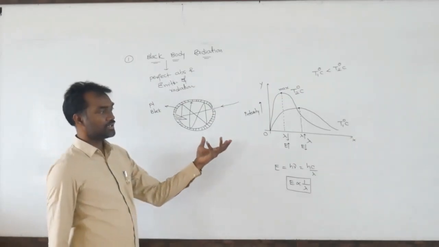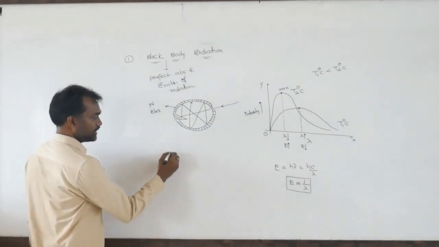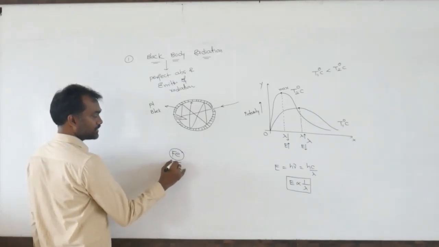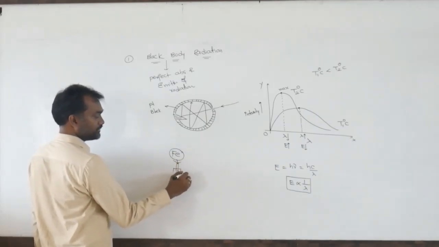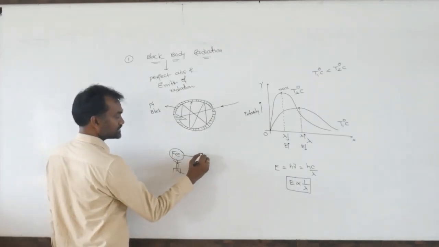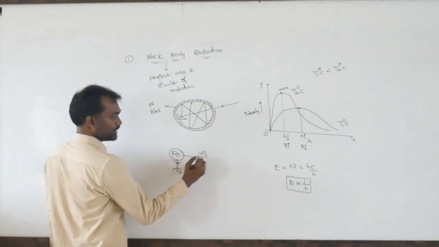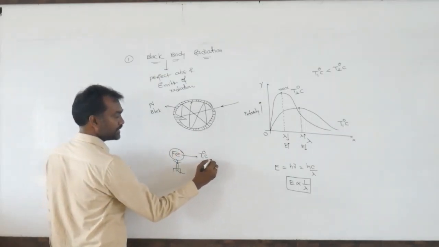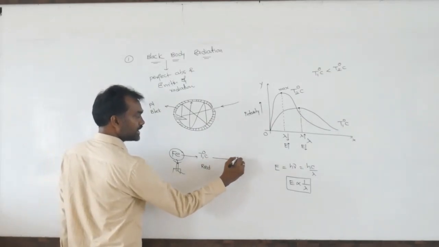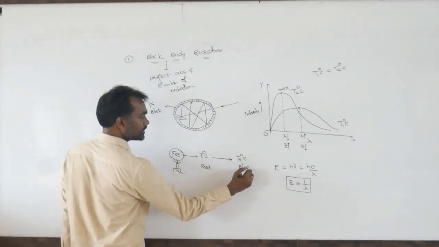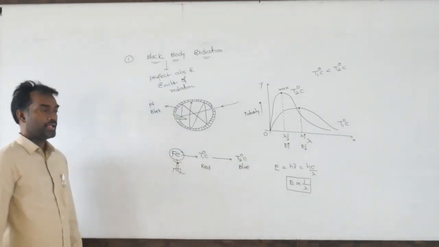We can explain this generally: suppose we take an iron rod and heat it up to T1 degree Celsius. At T1 it looks red. Further heated to a higher temperature, T2 degree Celsius, it looks blue.